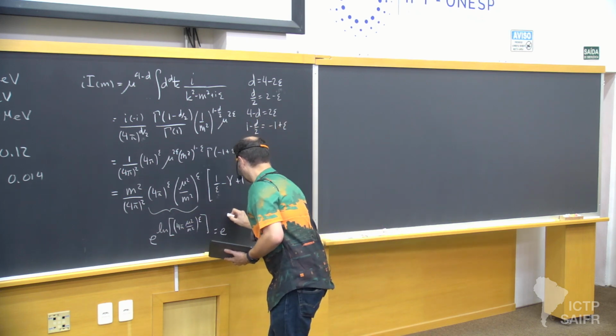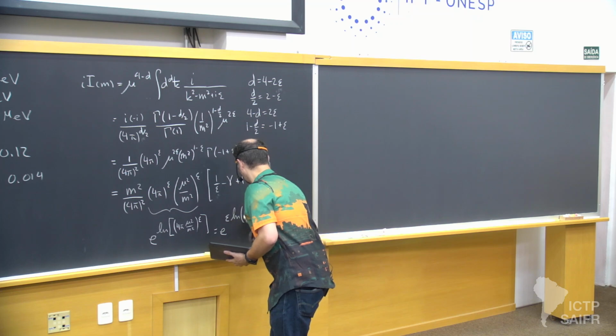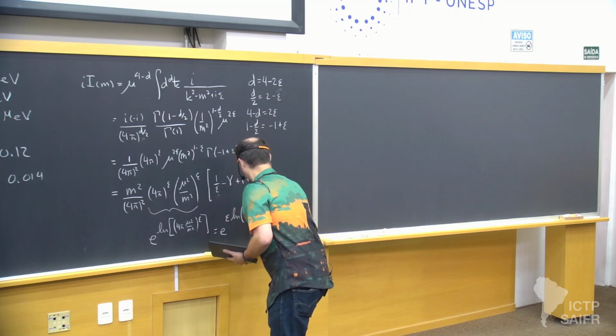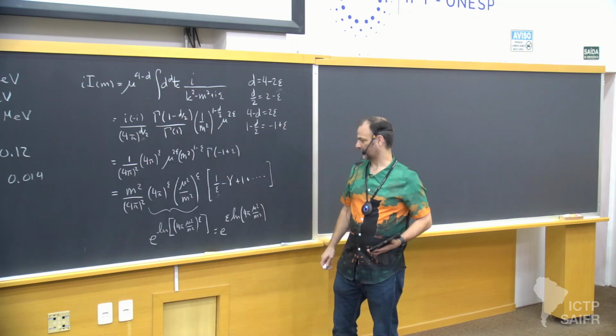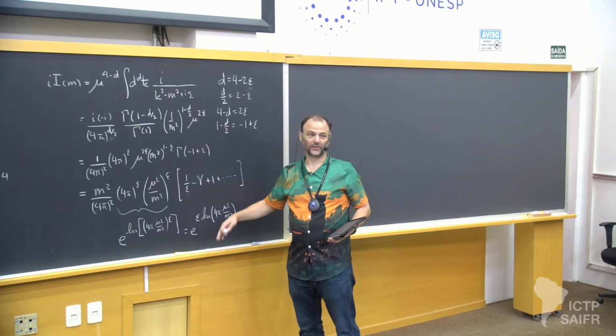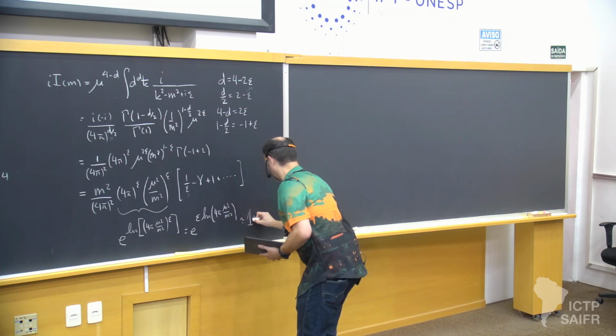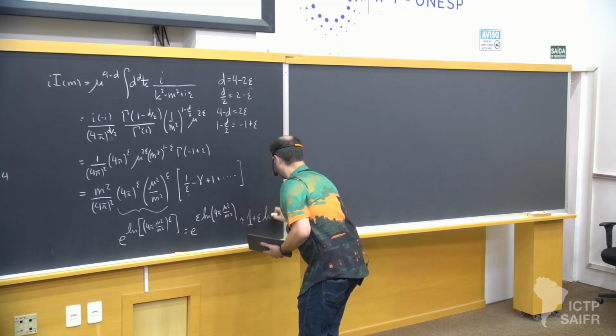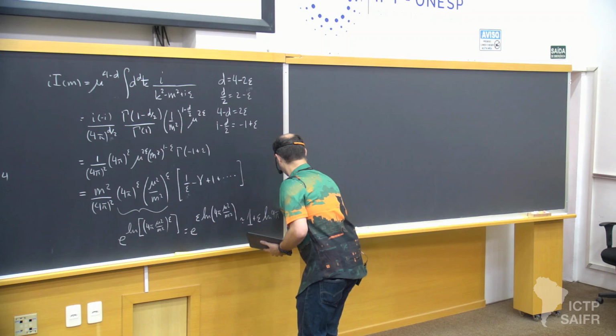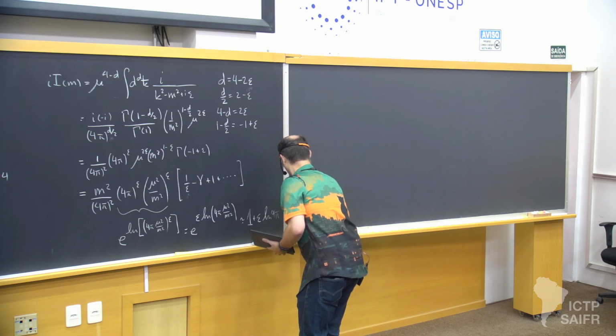So it's e to the epsilon log 4 pi mu squared over m squared. And then I say, wait a second, I know epsilon is small, so I can do an expansion. So this is going to be 1 plus epsilon log 4 pi mu squared over m squared.